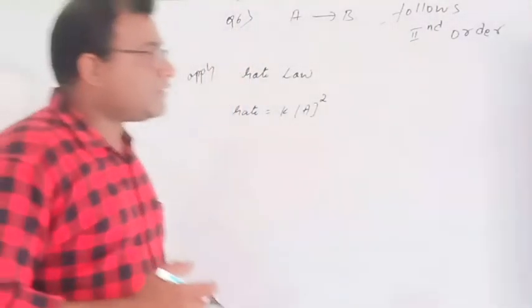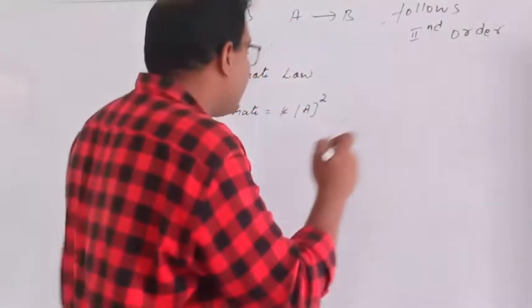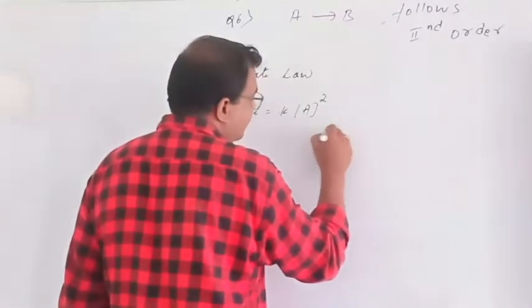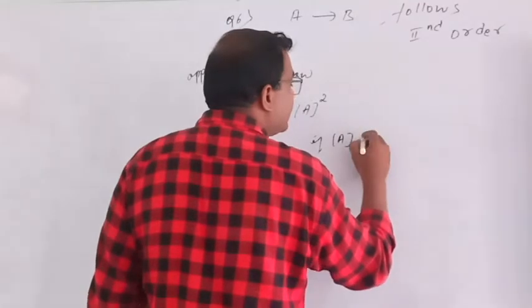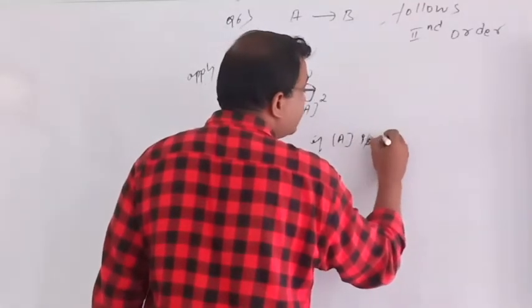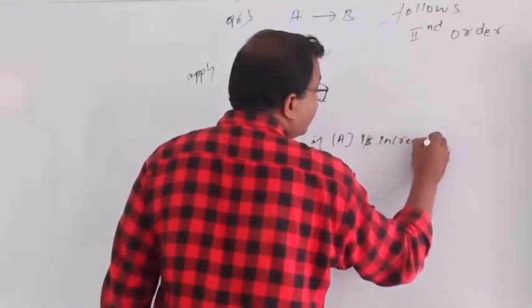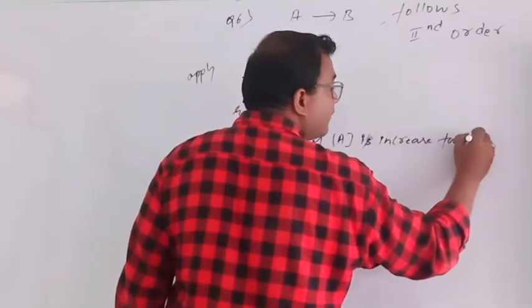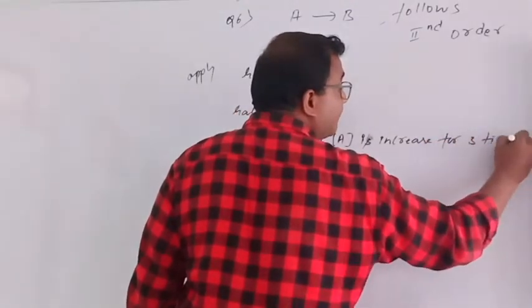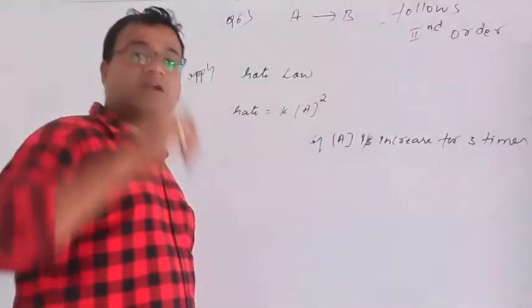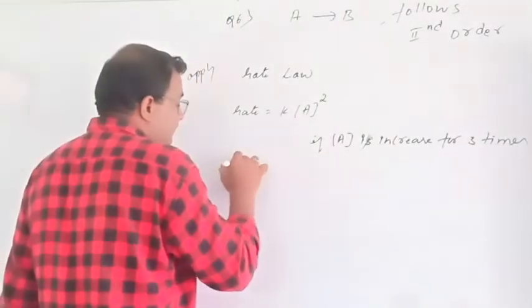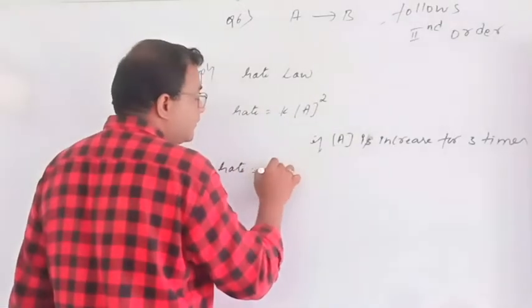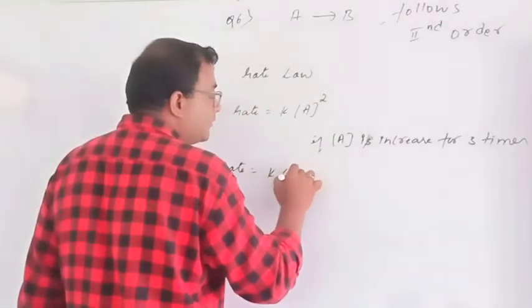Now further, what is given: if the molar concentration of A is increased 3 times, then rate is equal to K into 3 power 2.